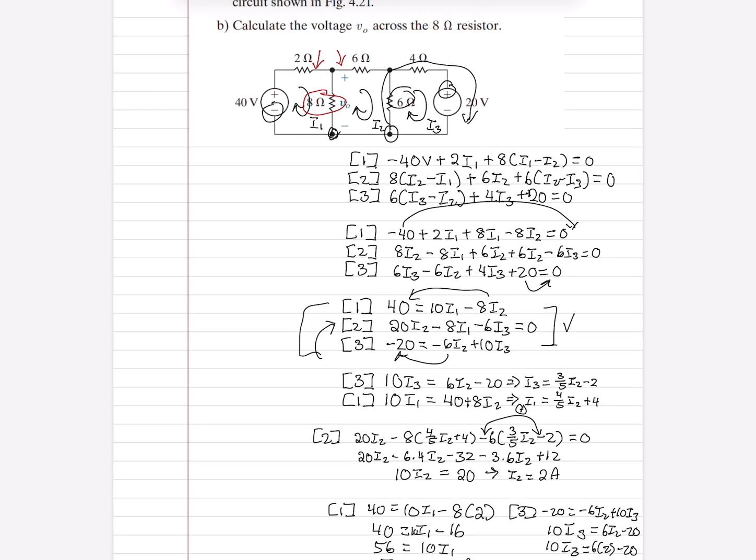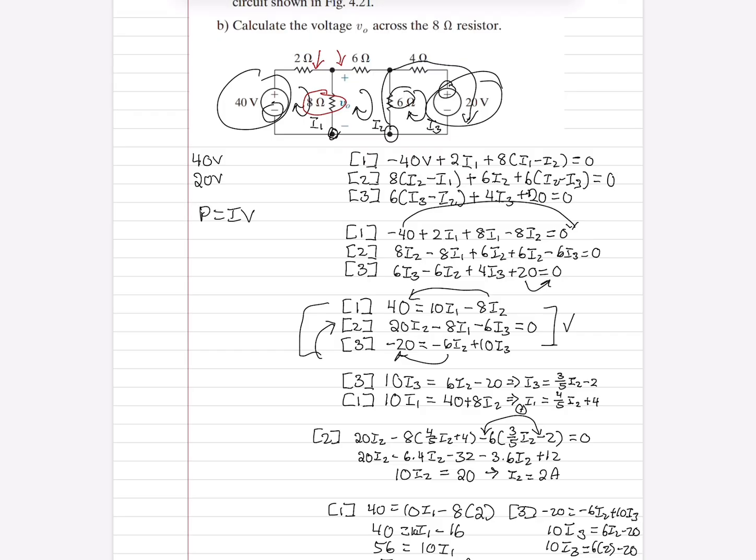Now we've got to find the power that goes to each of the voltage sources. So we have 40 volts here, and then we have the 20 volts over here, right? So we have 2 voltage sources. So we know P equals IV.